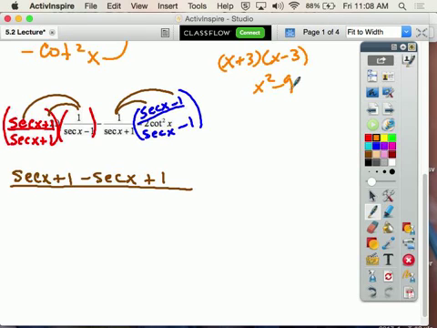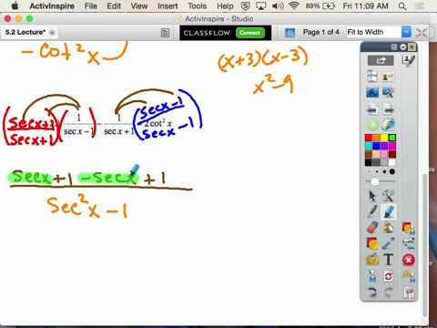That will yield a secant squared x minus 1 when I FOIL it out. You can actually FOIL all of them out and find secant squared, a negative 1, a positive secant, a negative secant, but it works just like the difference of two squares with x's. It's just trigonometry instead. Now the cool thing here is that I notice that the secant and the negative secant cancel each other out, right?